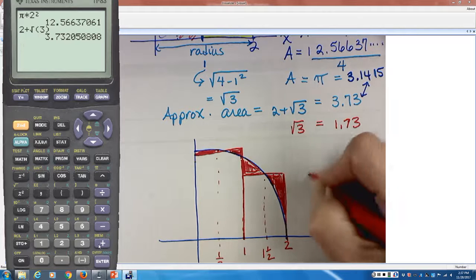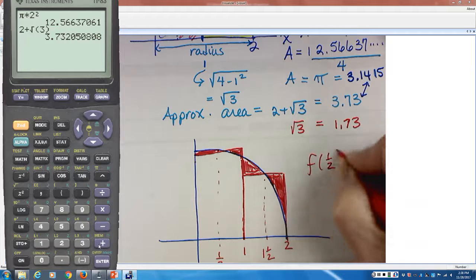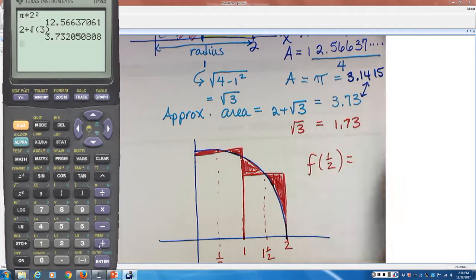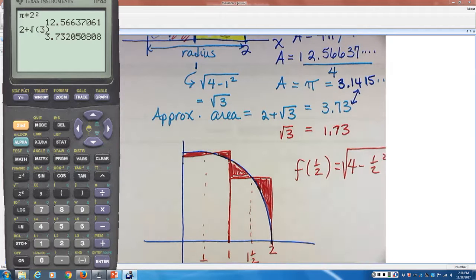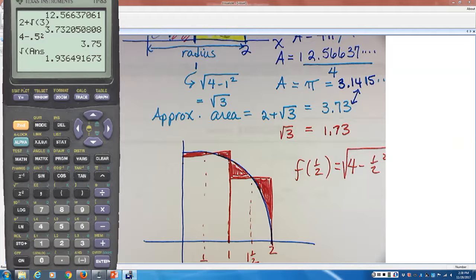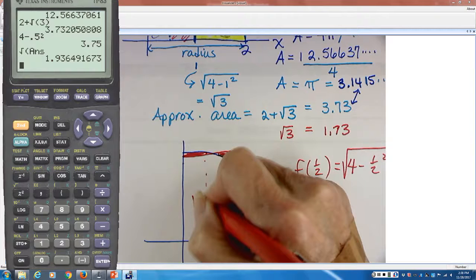F of 1/2 is 4 minus 1/2 squared, and then take the square root, and it's 1.93 for the first rectangle.